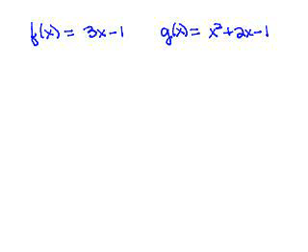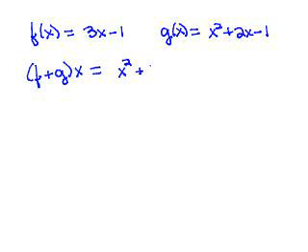If we're looking for f plus g of x, that simply means we're going to add those two functions together, and then simplify as we go along. When we're adding, there's only one x squared term, so we'll write it first. A 3x and a 2x added together gives us a 5x, and a negative 1 plus another negative 1 gives us negative 2.